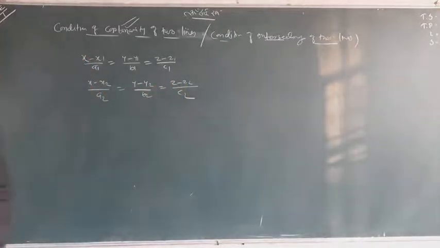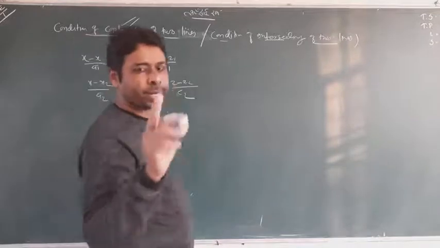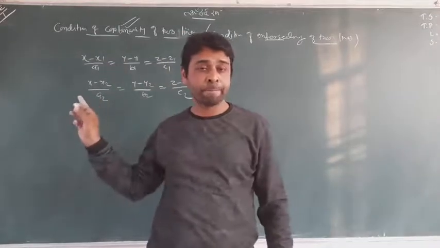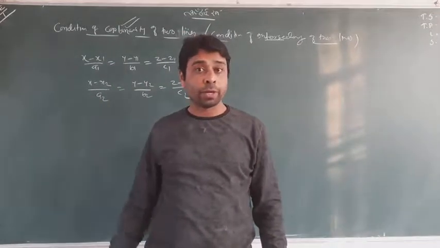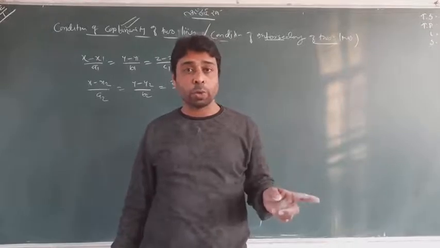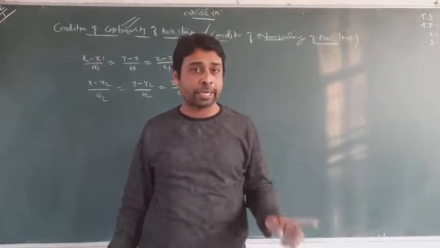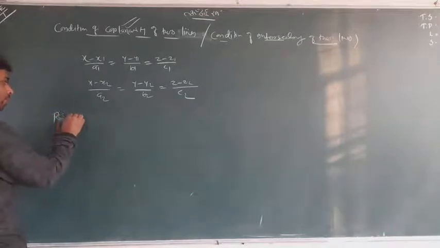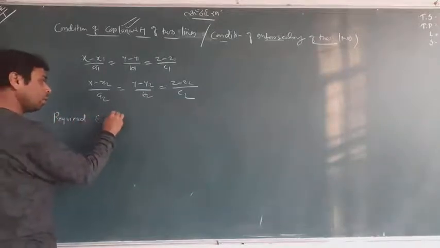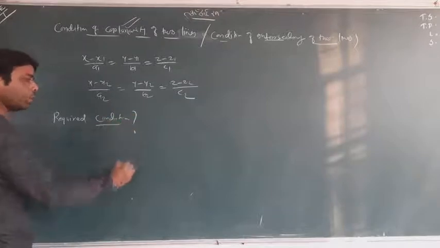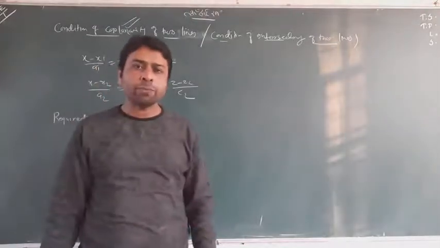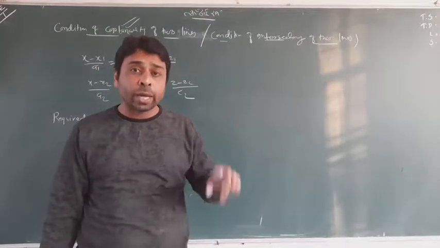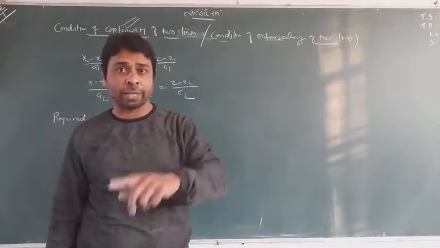Suppose we have these two lines. Don't forget, the equation of a line is this one in the Cartesian way, and the vector way I have already taught you: r equals a plus lambda b. So the required condition for coplanarity of two lines or intersection of two lines.